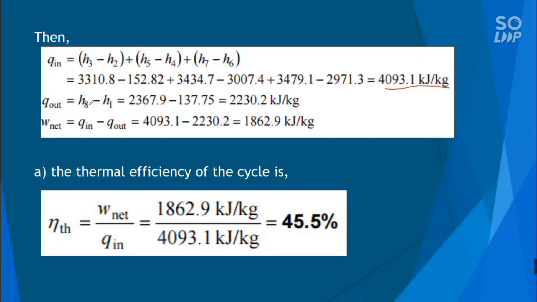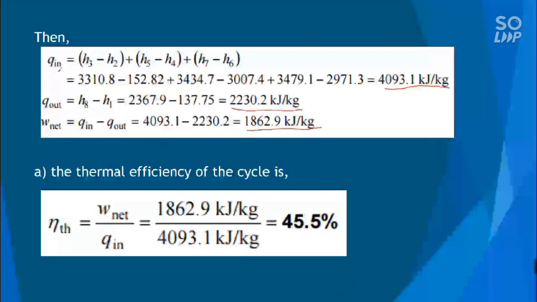Next, we can solve for Q out, which is equal to the enthalpy of the saturated vapor minus the initial enthalpy. So that is equal to 2,367.9 minus 137.75, and we get 2,230.2 kilojoule per kilogram. And now we can solve for the net work, which is equal to Q in minus Q out. We have 4,093.1 minus 2,230.2, and we get our net work of 1,862.9 kilojoule per kilogram.